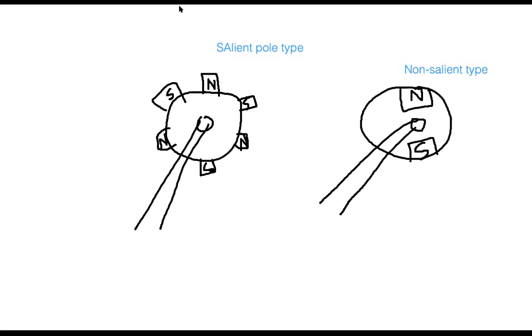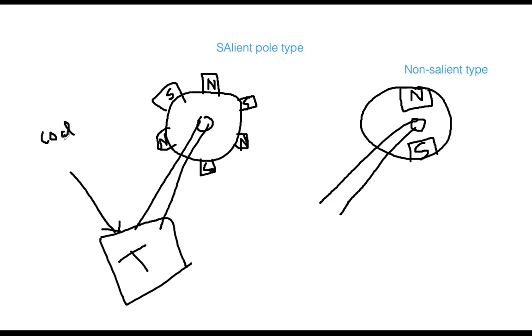Now, everybody say that your turbine will be connected here. This is your turbine, okay? And for that turbine, the input can be coal, if the coal is available. It can be gas, it can be oil, it could be nuclear, or it could be a steam turbine.